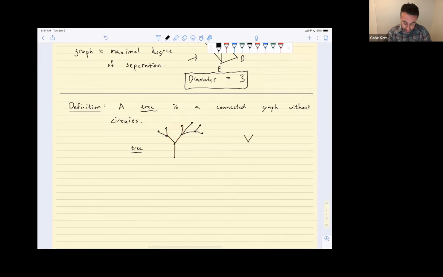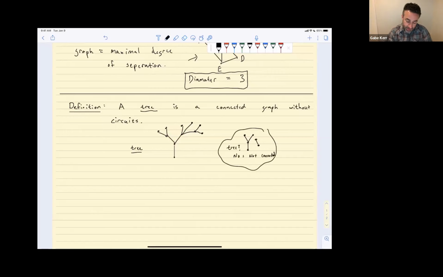So if I draw something like this, let's say my graph is this, is that a tree? No. This is not a tree, right? Because it's not connected. Connected means that you can get a path between any two vertices.